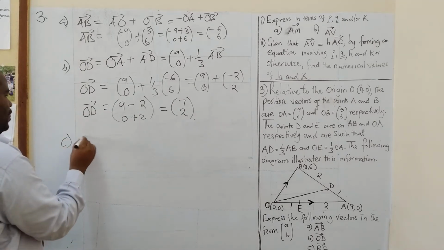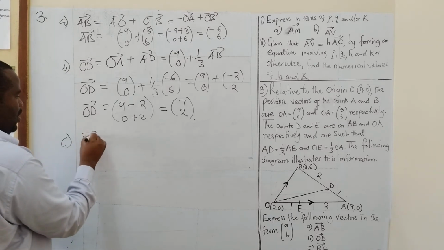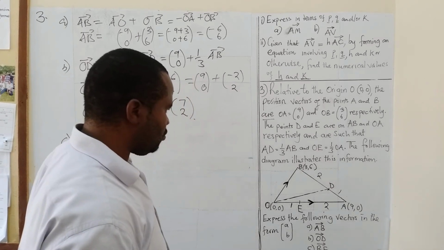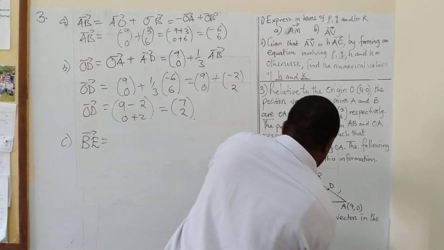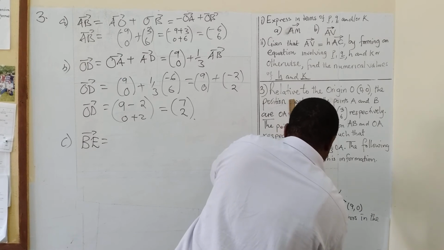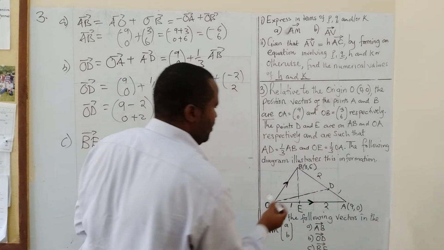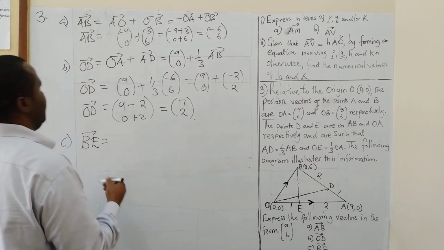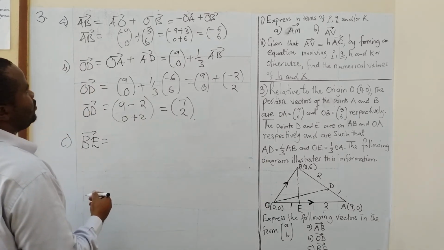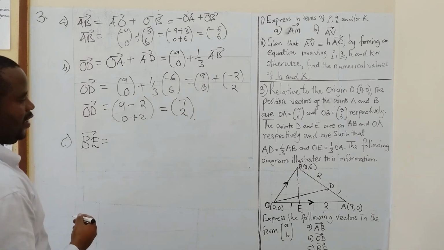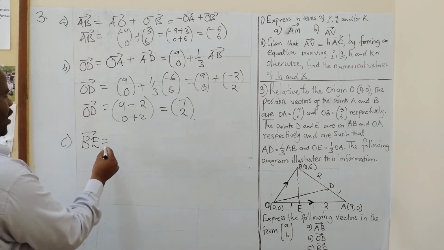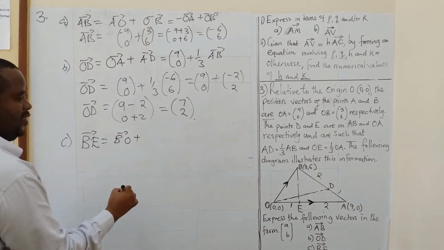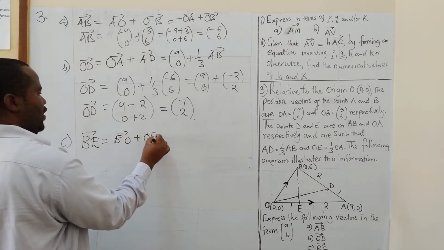BE. What is BE? We want to move from B to E here. So you can move from B to A and AE, or any other direction. Now we are going to say BO plus OE.